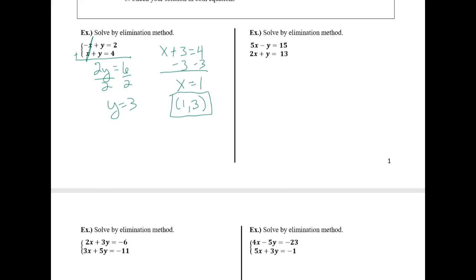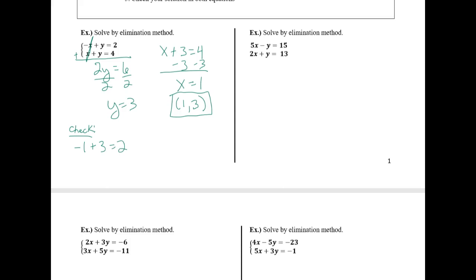If you're unsure about your solution, you're not sure if you did your math correctly, we can check these, right? This one point needs to be a solution to both equations if it's really the solution to the system of equations. So if I plug it into the first, replacing x with 1, replacing y with 3, I need to end up with a true statement.